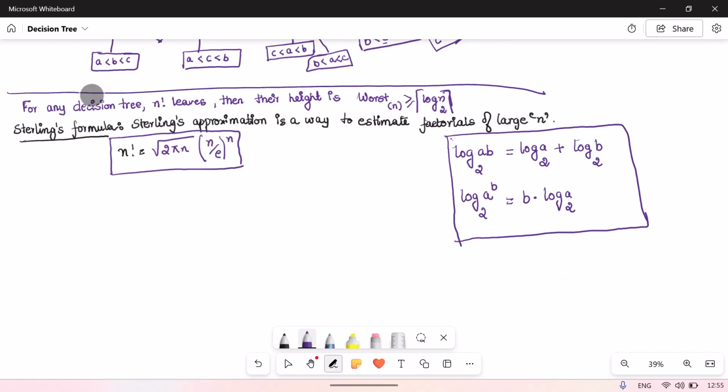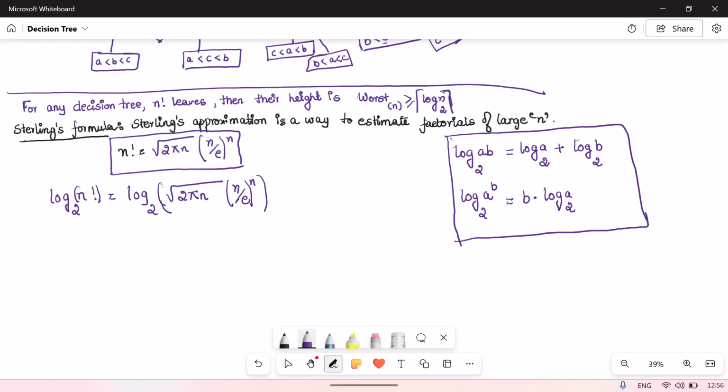Now let us do it for our formula. Okay, so our formula is this log, this one. Okay, now with respect to this, let us find. So according to this formula, it is log to the base 2 of n factorial, which is square root of 2 pi n into n by e to the power n.